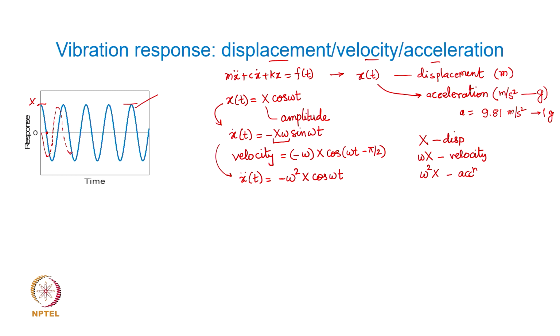If you really focus only on the amplitude value, it is going to be omega times the displacement amplitude, and similarly acceleration is going to be starting from here. It will have a certain negative value, and then it will have again a harmonic variation in its value as a function of time. But the most important part that you should understand is acceleration is omega square times the displacement amplitude, and velocity amplitude will be omega times the displacement amplitude. That is how they are related.